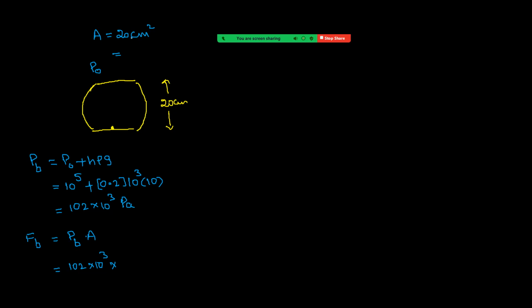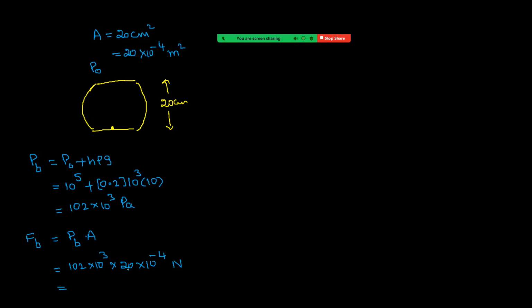If you convert into meter square, it is 20 into 10 power minus 4 meter square, because centimeter means 10 power minus 2, and 10 power minus 2 whole square is 10 power minus 4. So take that here: 20 into 10 power minus 4 meter square. This is now in Newton.